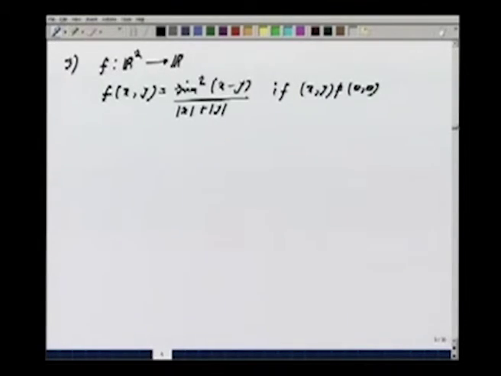That is, for the non-zero points, the function is this. I define it to be 0 if (x, y) equals (0, 0). Question: is f continuous?